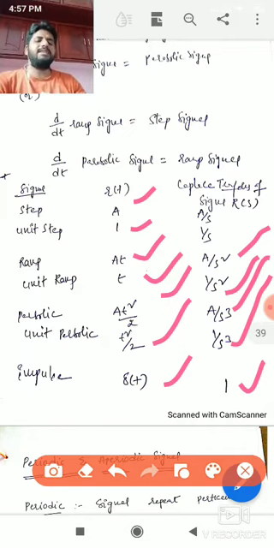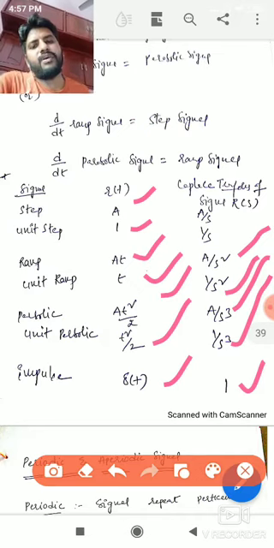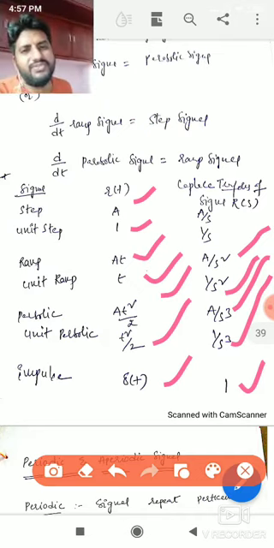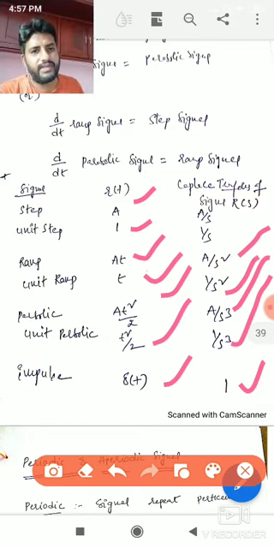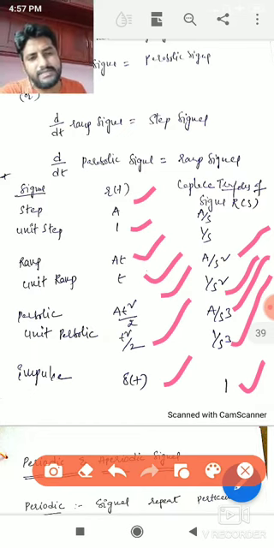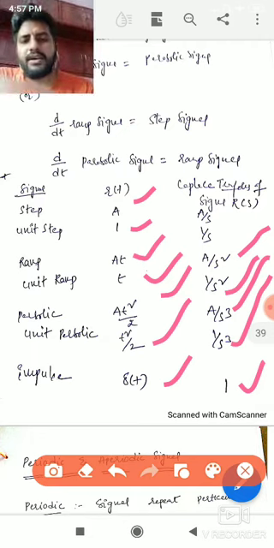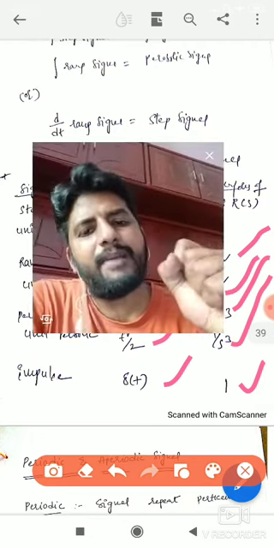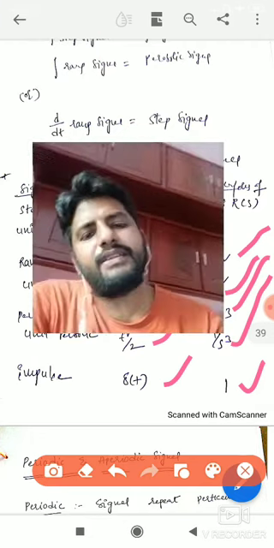So you can easily predict the system performance if you apply an impulse signal, because you don't have any calculations. But it's very difficult to generate this type of impulse signal in a laboratory, because in zero time you are getting a maximum magnitude.